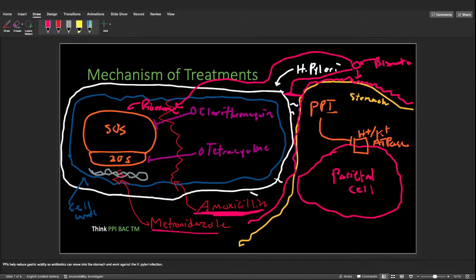So not just understanding the mechanism and how it works against H. pylori, but also understanding how it interferes with other medications that patient is having as well.